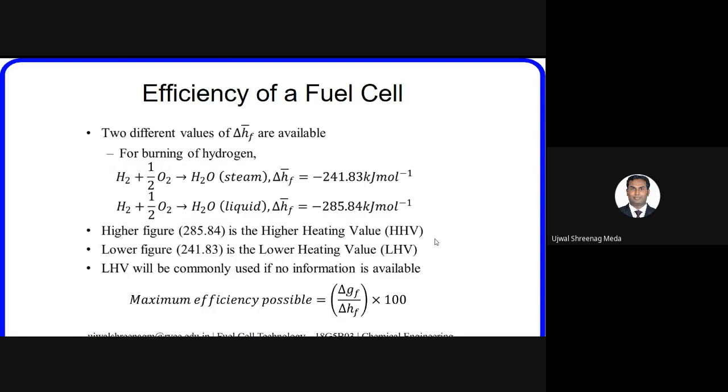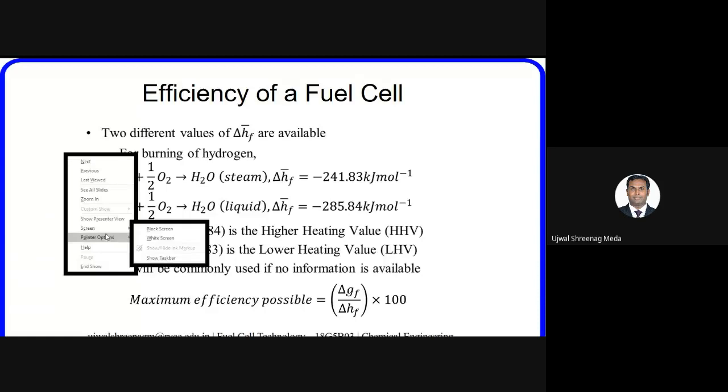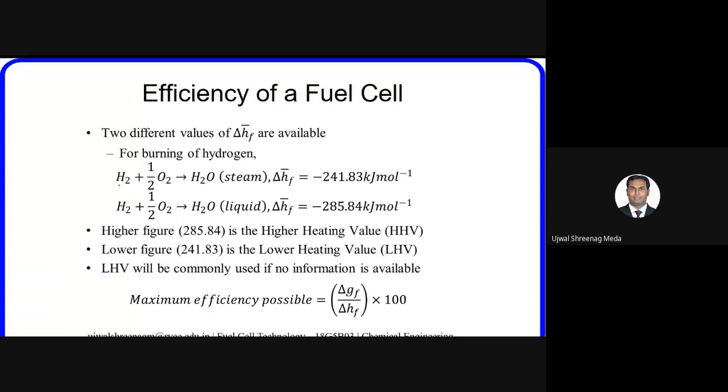So to proceed with that, when it comes to this change in enthalpy of formation per mole of substance, depending upon the temperature at which this reaction is taking place and depending upon the physical state of the product, two values are obtained. So let's look at reaction 1.